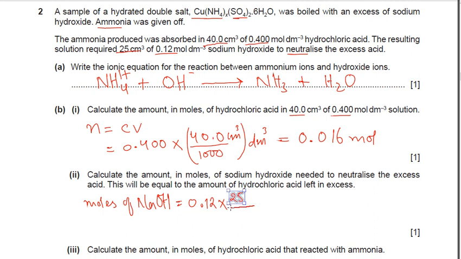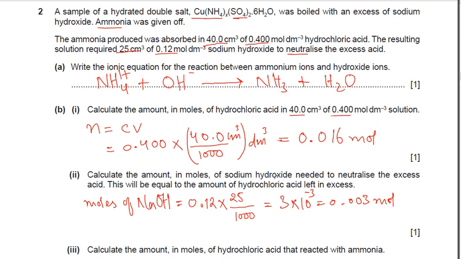To convert this into dm³, we divide by 1000. Dividing 25 by 1000 and multiplying by 0.12, the final answer we got is 3 × 10^-3, which we can also write in decimal form as 0.003, and the unit is mol.